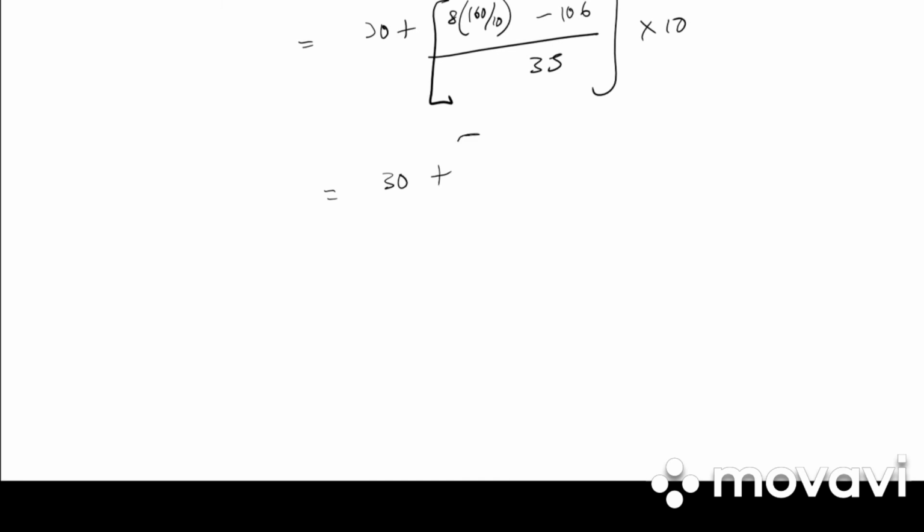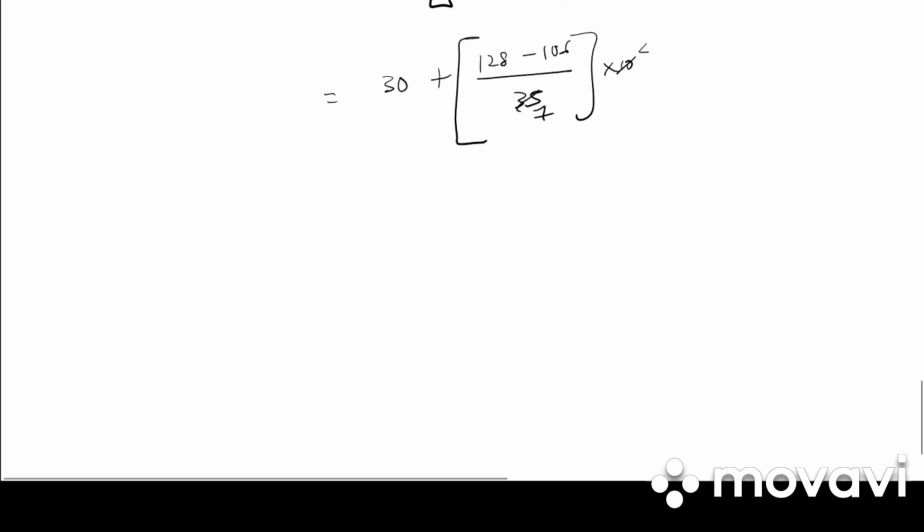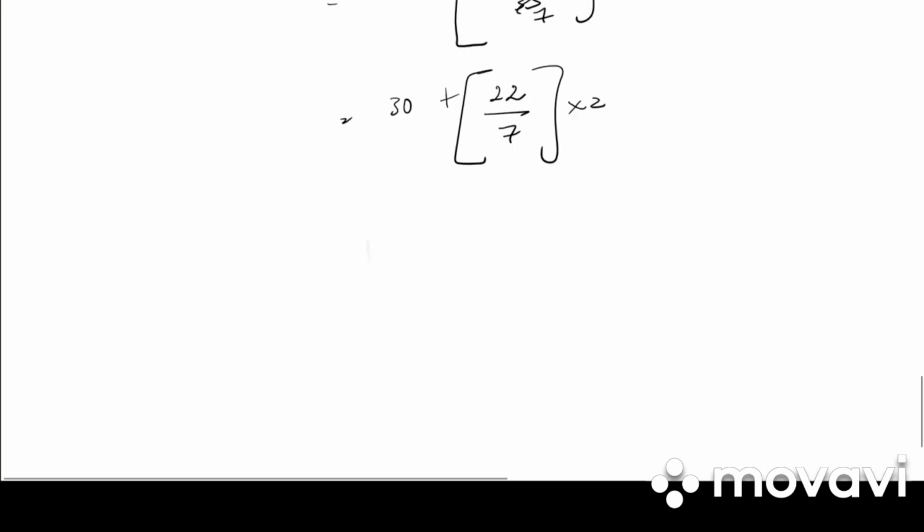It is 30 plus 128 minus 106 divided by 35 into 10. 5 twos are 10, 5 sevens are 35. 30 plus 22 divided by 7 into 2.